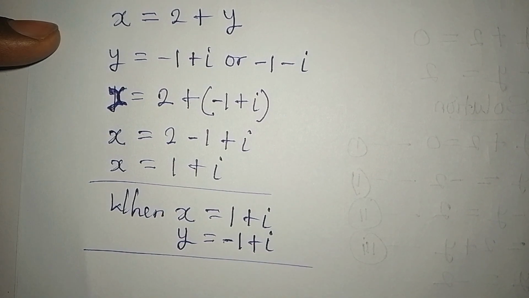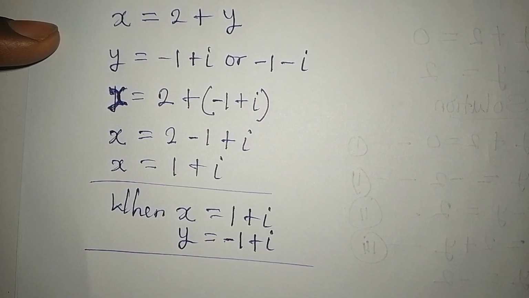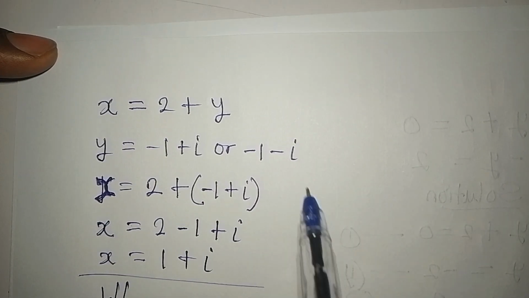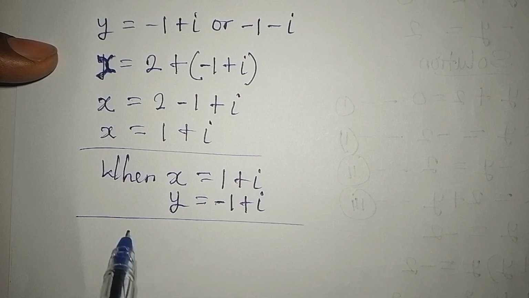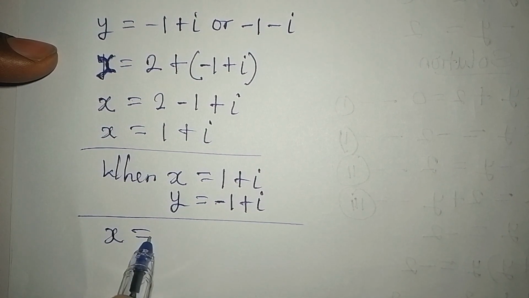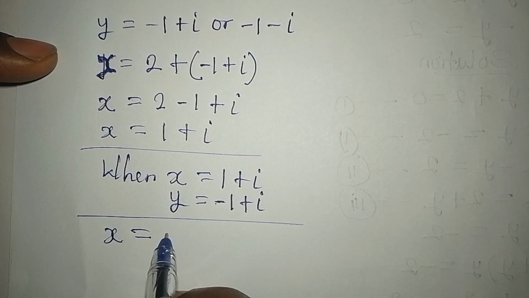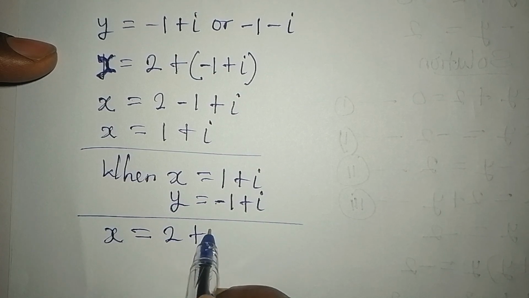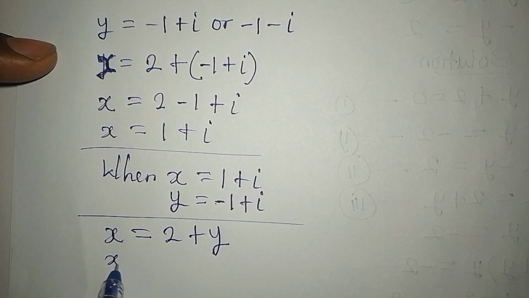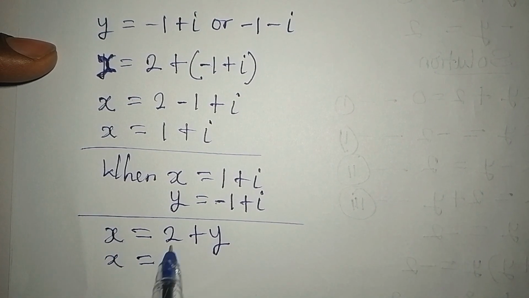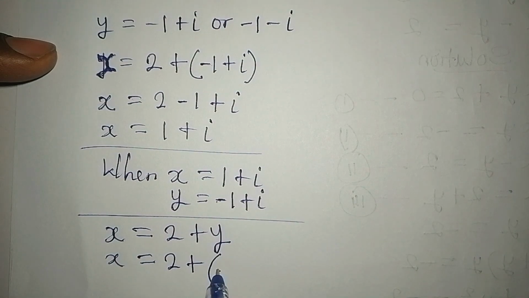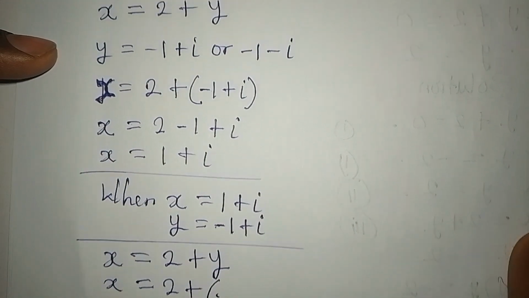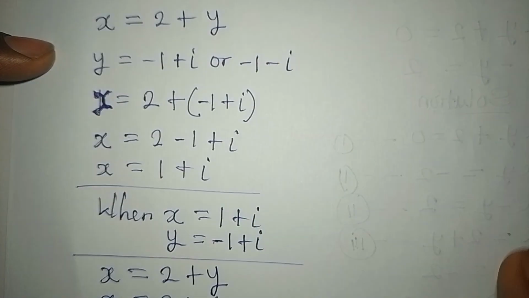Now we are going to get another value of x. Remember, we already have this other value of y, right? So let's put it into our equation 3, which is x = 2 + y. Now we have x equal to 2 plus, open bracket, what value of y am I going to use? −1 − i.